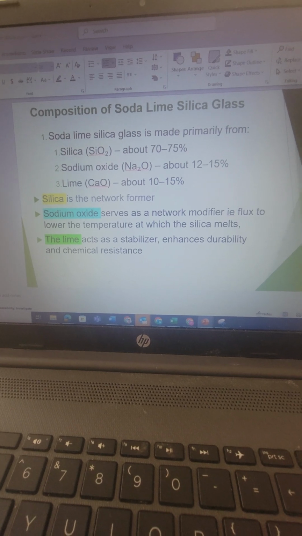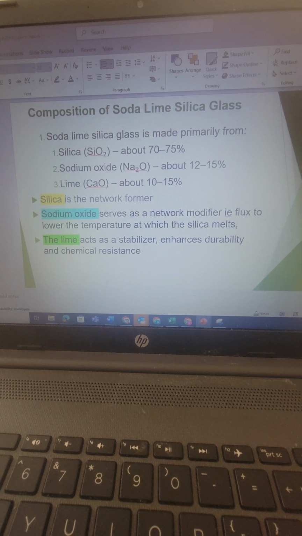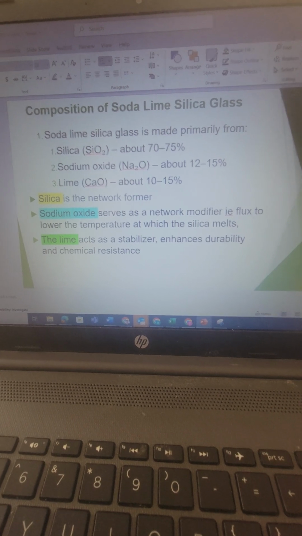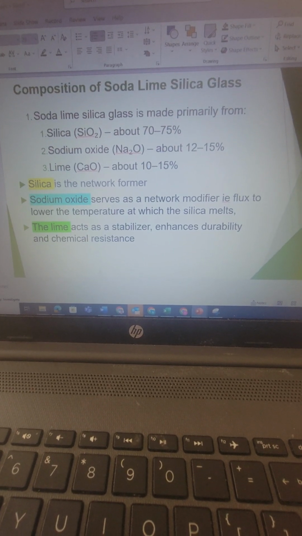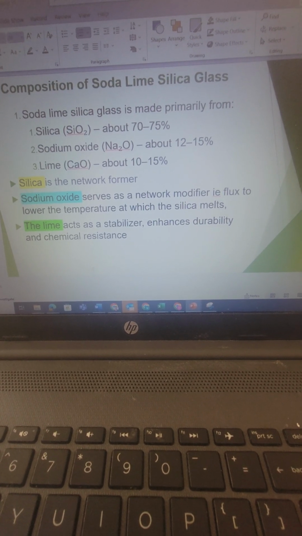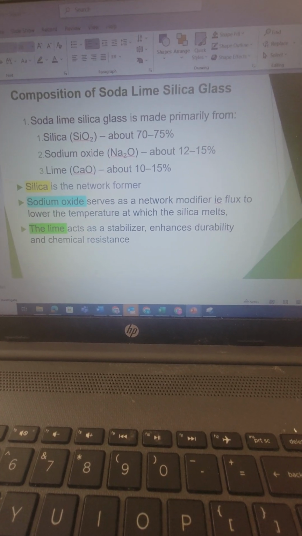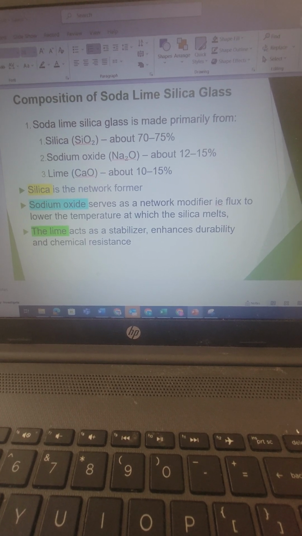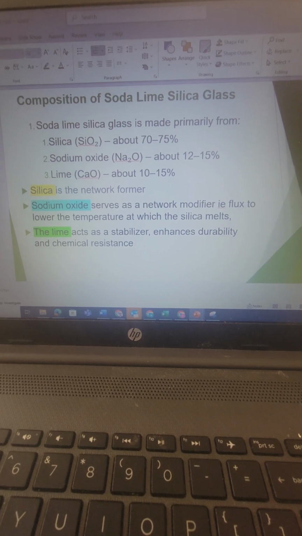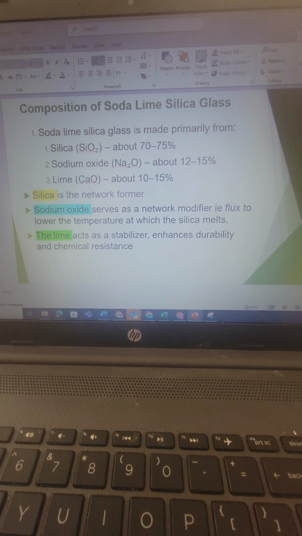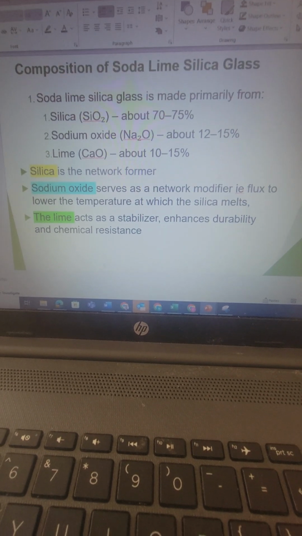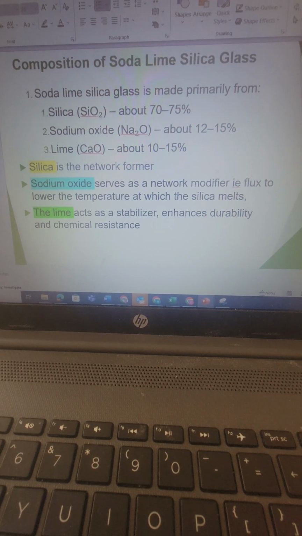And then the lime also acts as a stabilizer and enhances durability and chemical resistance, because when you add sodium oxide, it could affect the durability and chemical resistance, but lime complements sodium oxide in action, and so you have a stable glass which will not melt in water or become soluble with water. So that is very important to note. But if you maintain those compositions, you get the right glass you desire.